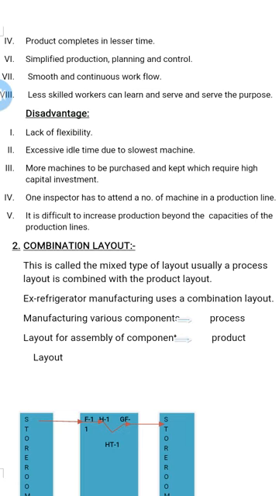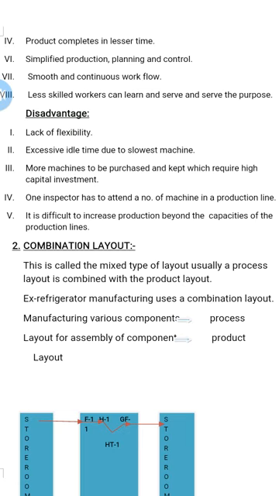Lack of flexibility, which was the advantage of process layout. Excessive idle time due to the slowest machine. More machines are to be purchased and kept, which requires high capital investment, because depending on the sequence of the operation, machines are to be kept in the line at different positions.